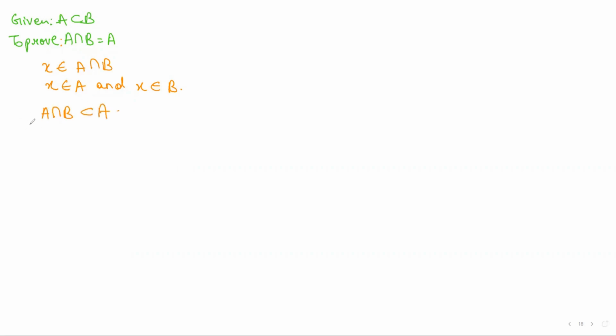Now let's consider the other way around. This is 1. Another element Y which belongs to A. If an element belongs to A, then this Y belongs to, what can be there? Anywhere where A is present.